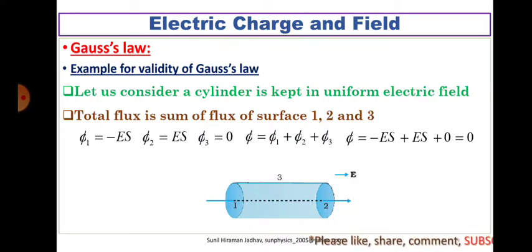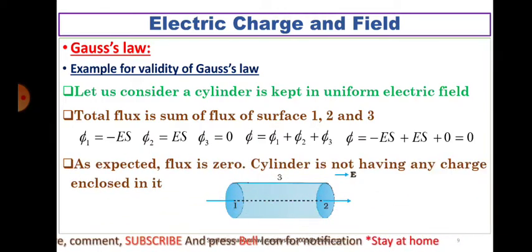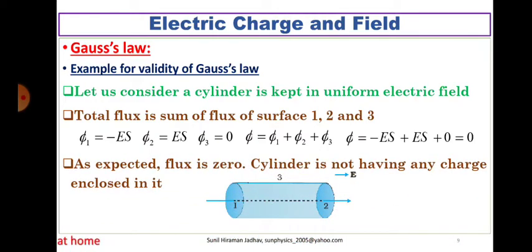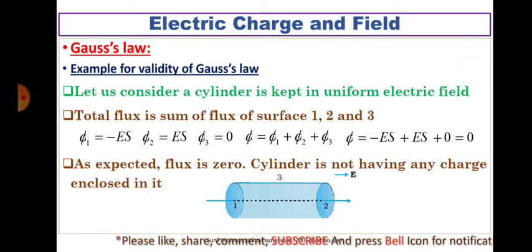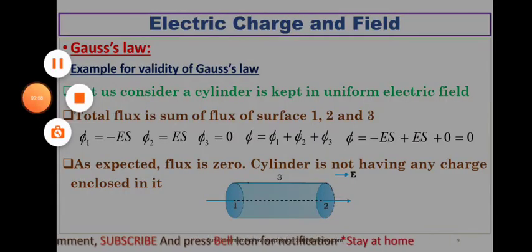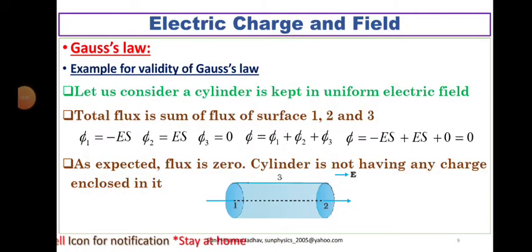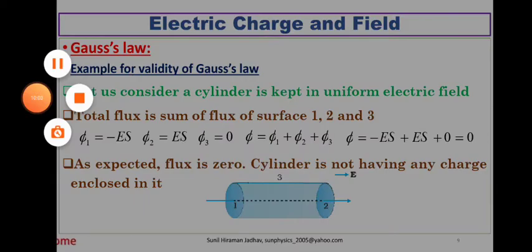So in this way the validity of Gauss law can be explained. We are getting the result which we expect. As expected, the flux is 0 as the cylinder does not have any charge enclosed in it. So this is about the facts of Gauss law and the example proving its validity.